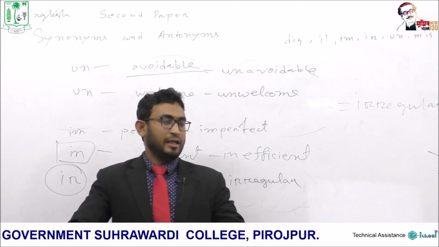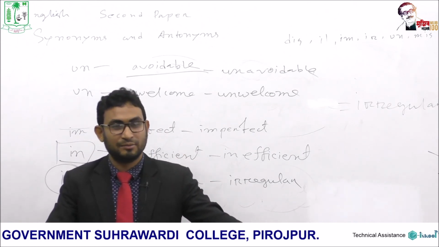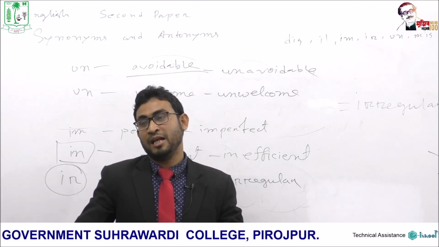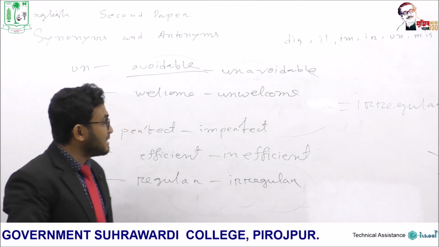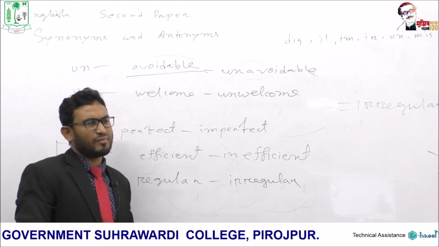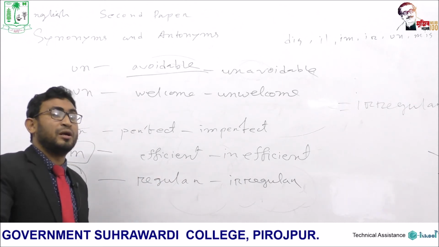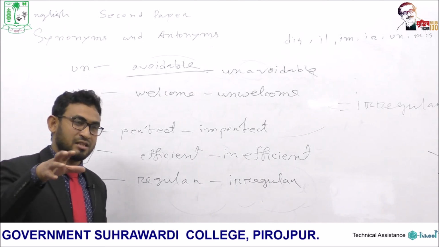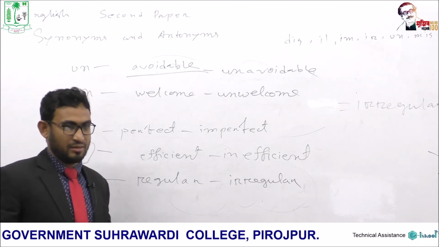Yes. In most cases, suffixes are used for changing parts of speech, but in some cases suffixes can also be used for developing antonyms. How suffixes can be used for developing antonyms, we will talk about next day, and also we will talk about some spelling rules.